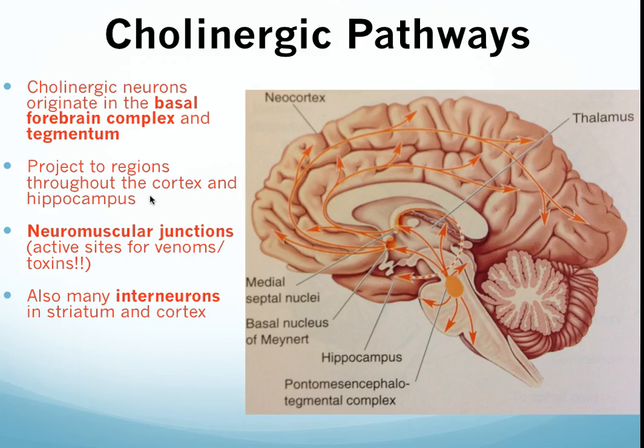Another cool thing about acetylcholine and cholinergic pathways is that there's a lot of interneurons that are cholinergic. Now, what do we mean when we say an interneuron? Well, it's exactly what it sounds like. If you were going to have to travel a long distance, you might want somebody in the middle to take some of the load off. Sometimes you can think of it as a baton race.